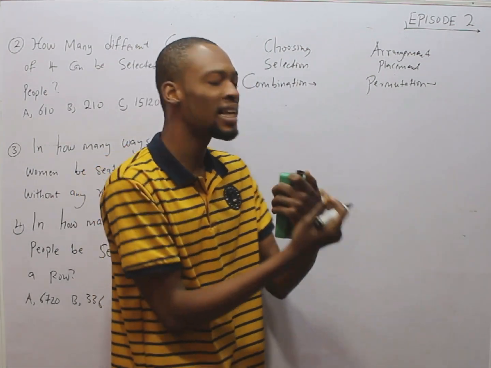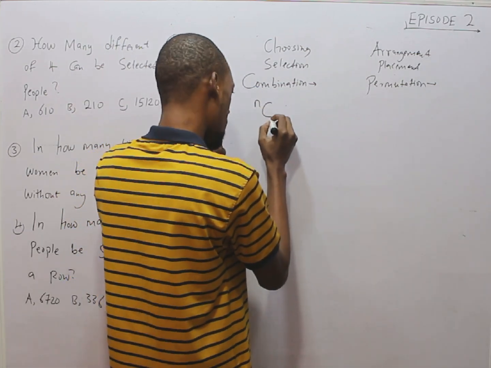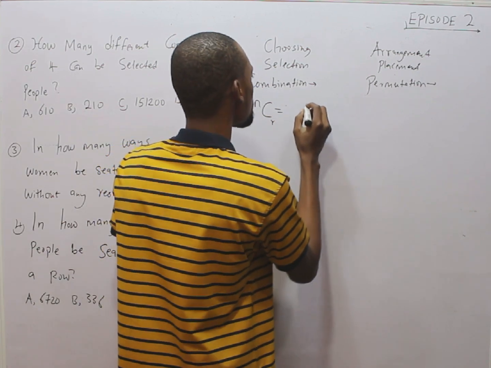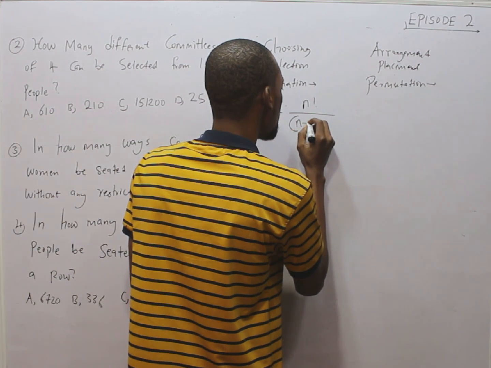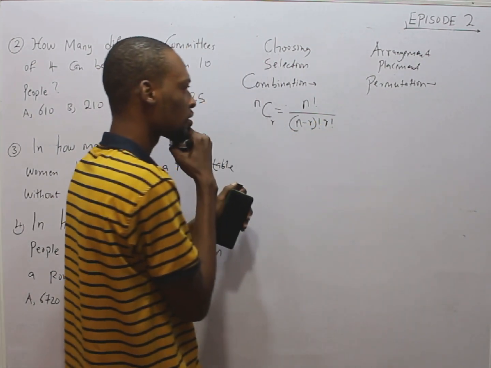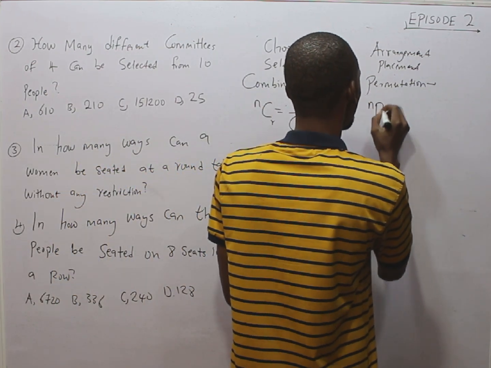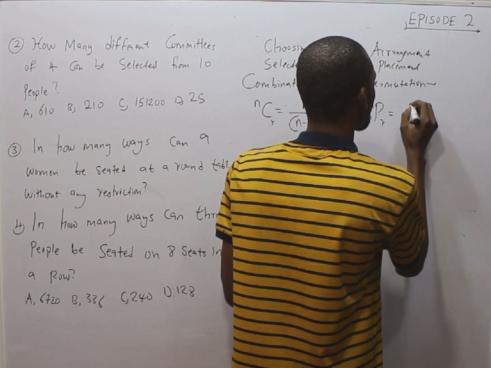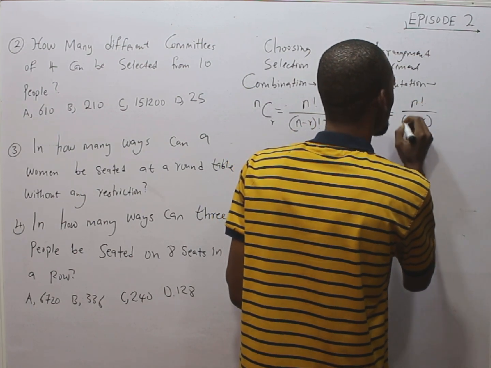Now, what is the formula for combination? n combination r simply equals n factorial over n minus r factorial, r factorial. While permutation, n permutation r, equals n factorial over n minus r factorial.